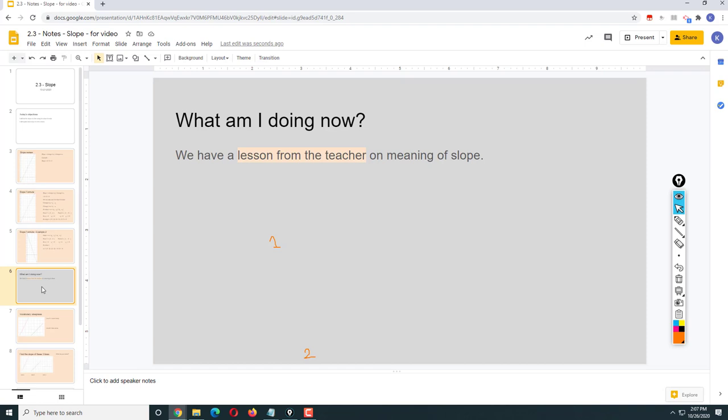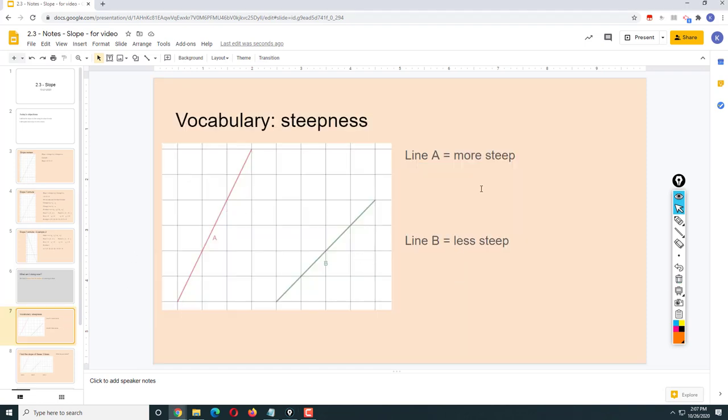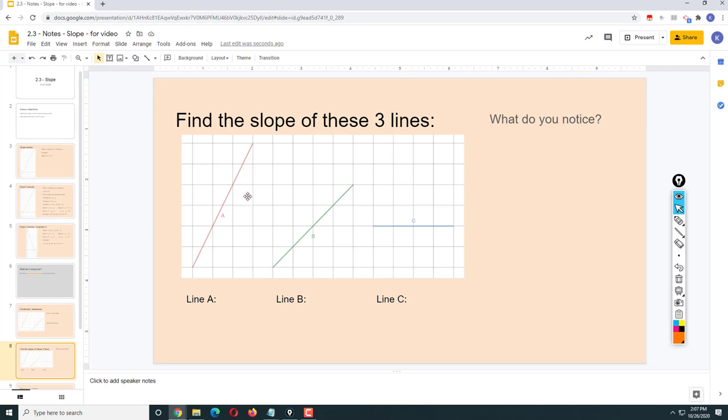Okay. Now, what does slope mean? When we have 2 lines here, line A is more steep, it's going up faster. Line B is less steep, it's going up slower. Here we have 3 lines. The slope of line A is 2 over 1. So it's 2 over 1, which is 2.